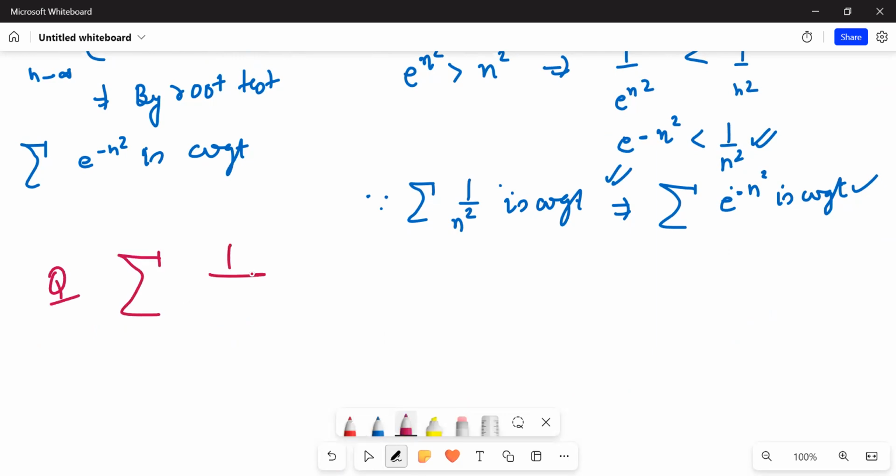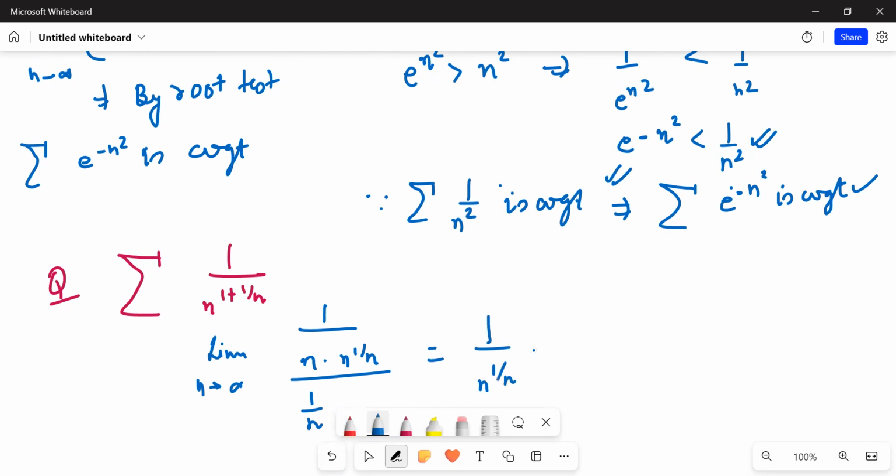Summation 1 upon n raised to power 1 plus 1 upon n. I'll use again a limit comparison test, and I'll compare it with 1 upon n. So the limit as n tends to infinity of 1 upon n into n raised to power 1 upon n is simply 1 upon n raised to power 1 upon n.